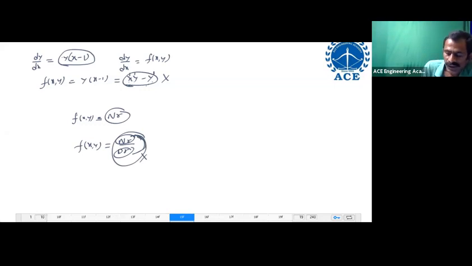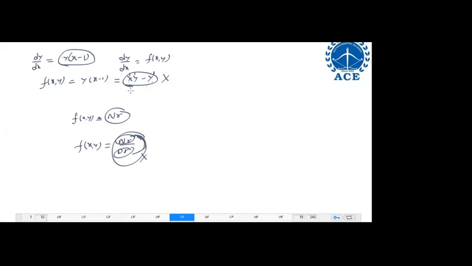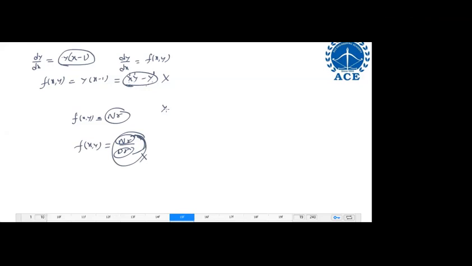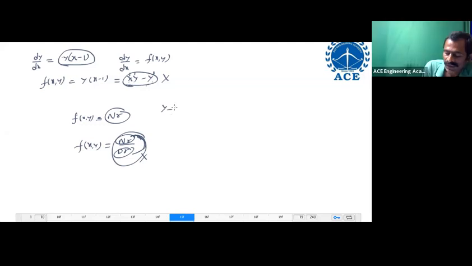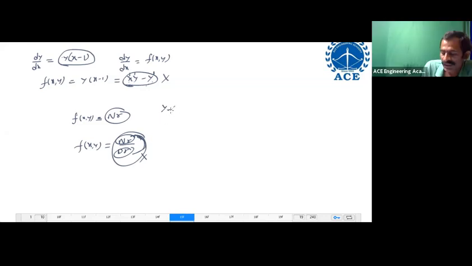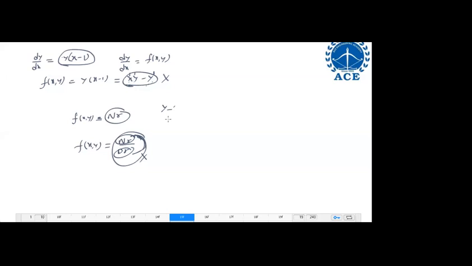Sir, if it is y minus x, or yx minus x square, like that. You tell me a function. For example, dy by dx equal to xy minus x square.